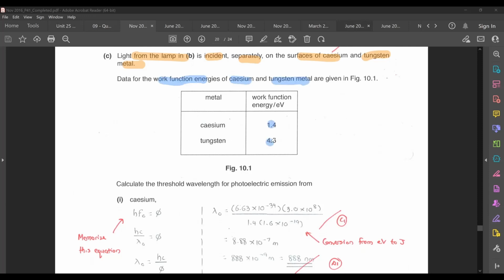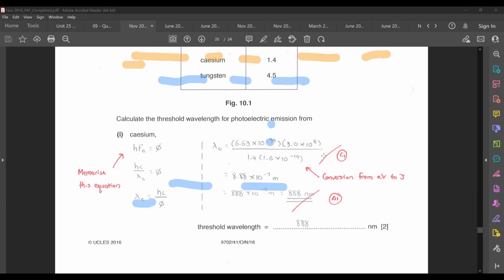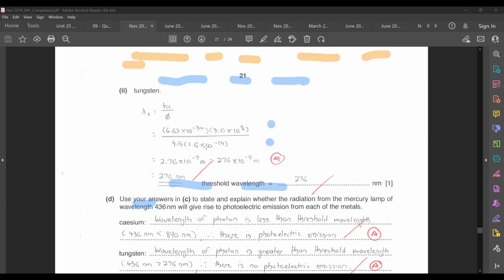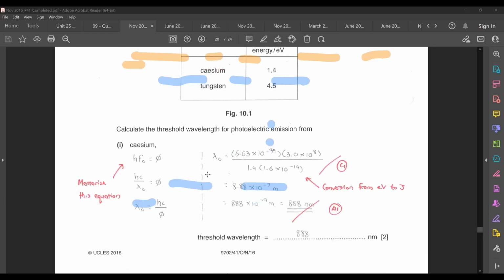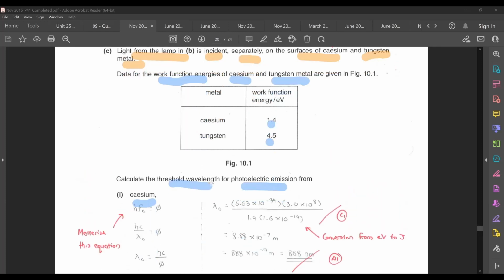Now they want you to calculate the threshold wavelength for photoelectric emission from cesium and from tungsten.